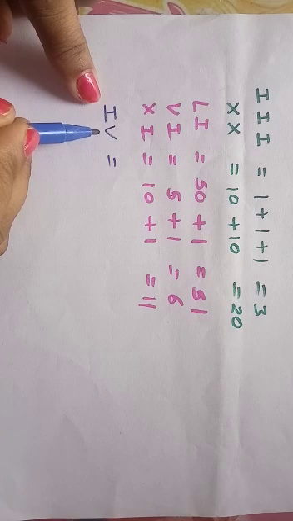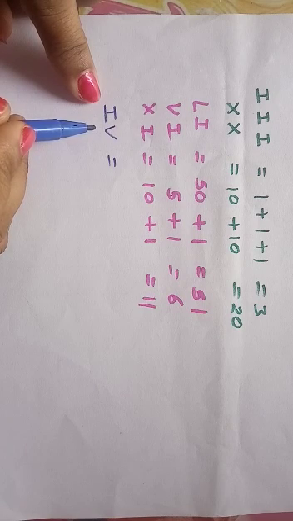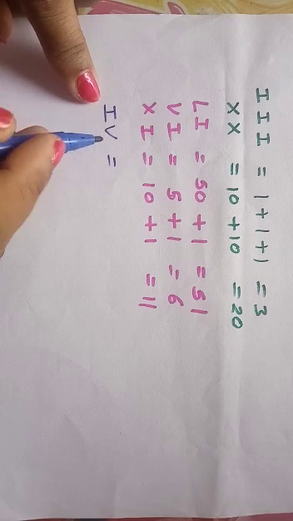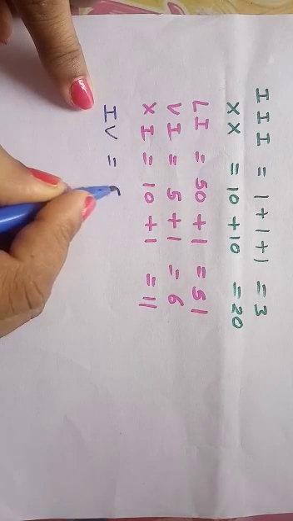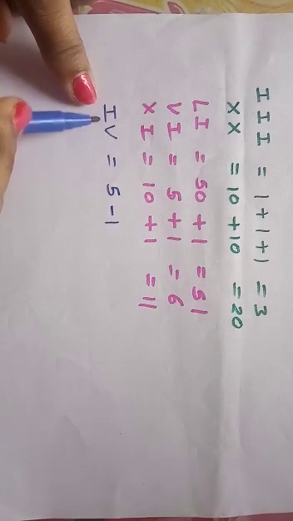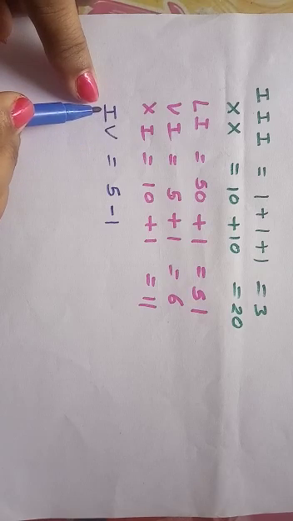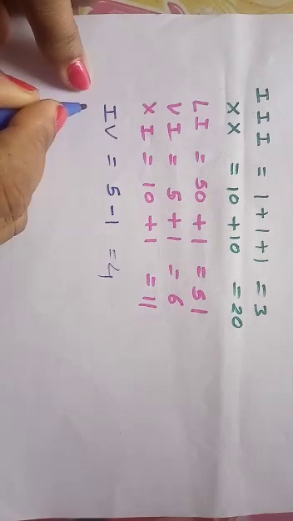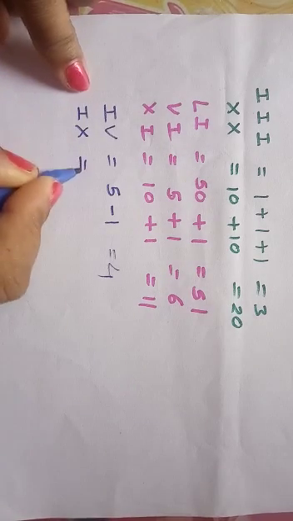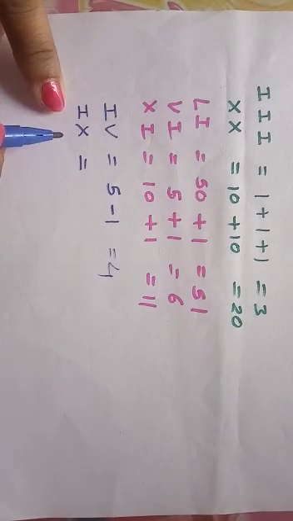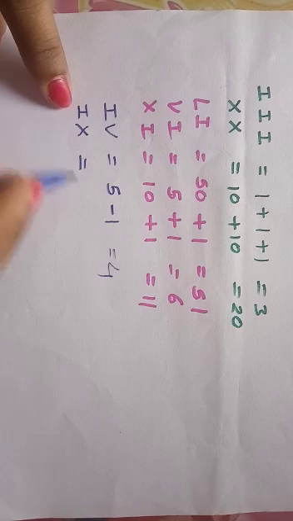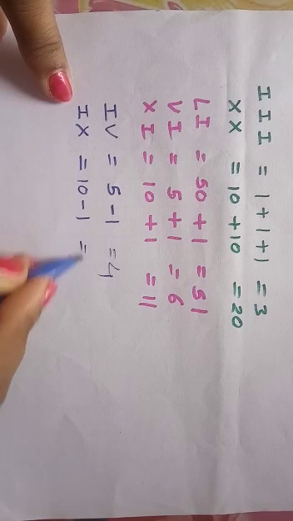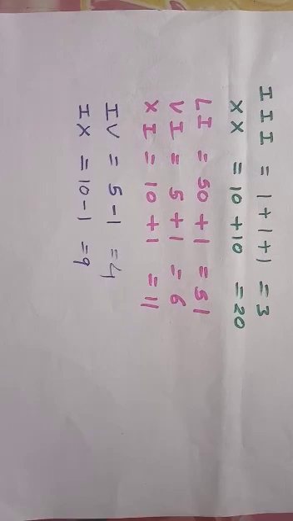I is smaller than V, means values are in increasing order, means we have to subtract 1 from 5. 5 minus 1 means 4. Now I am writing IX. Again increasing order, means 10 minus 1 is equal to 9.